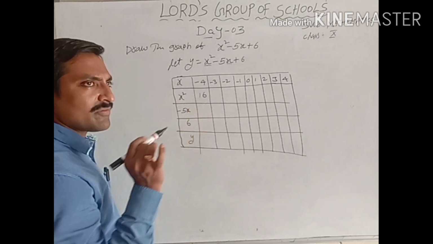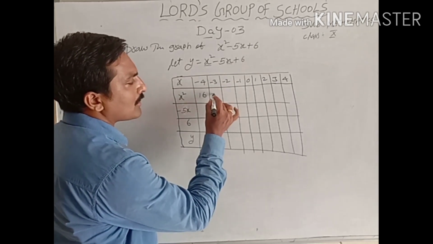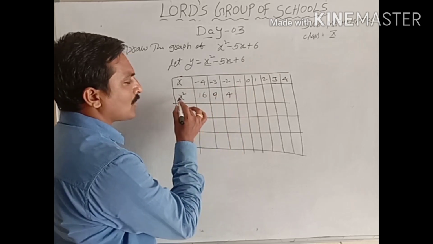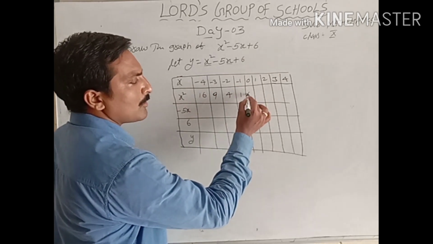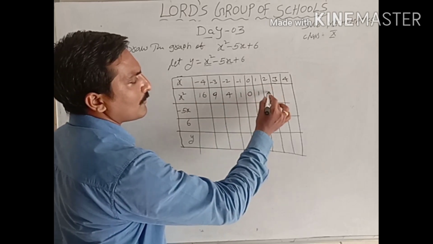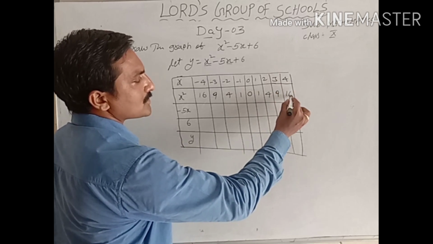Next, minus 3 whole square, 9; minus 2 whole square, 4; minus 1 whole square, 1; 0 square, 0; 1 square, 1; 2 square, 4; 3 square, 9; 4 square, 16.